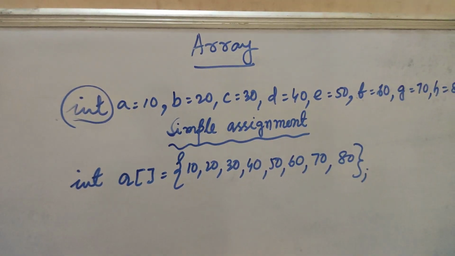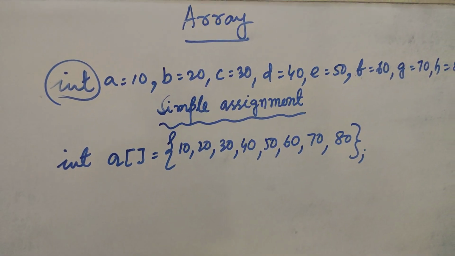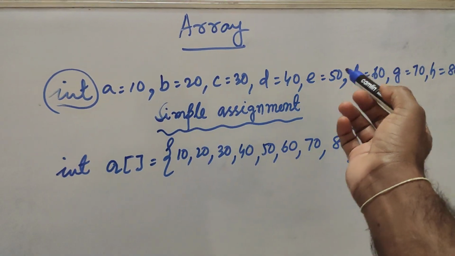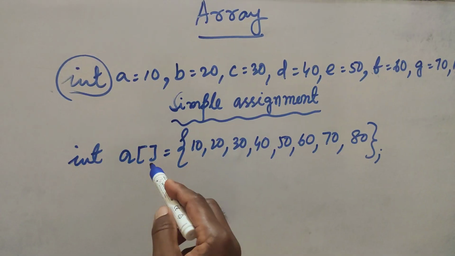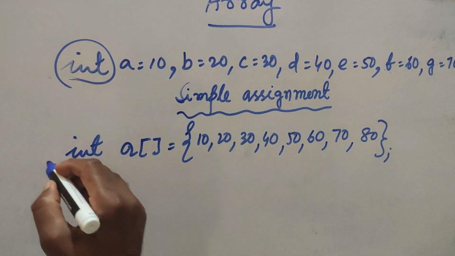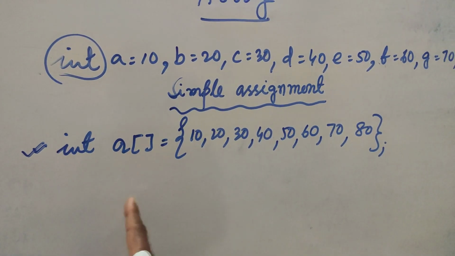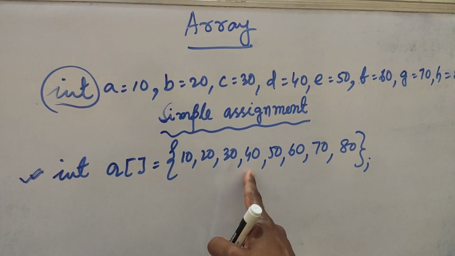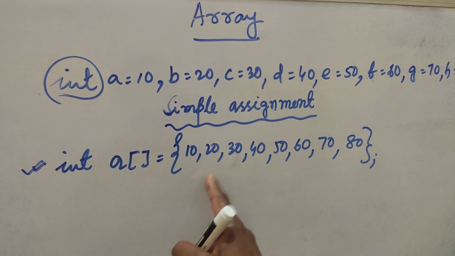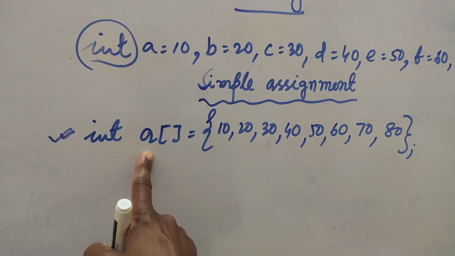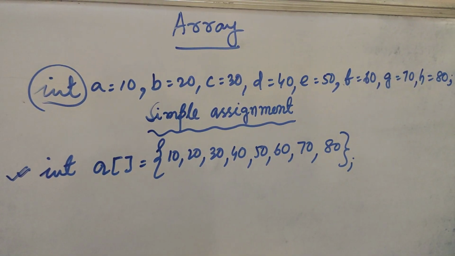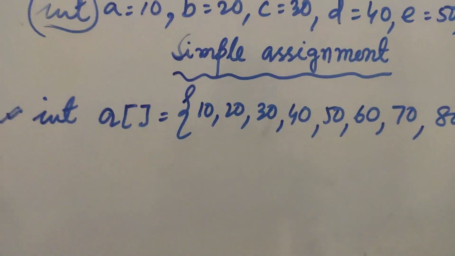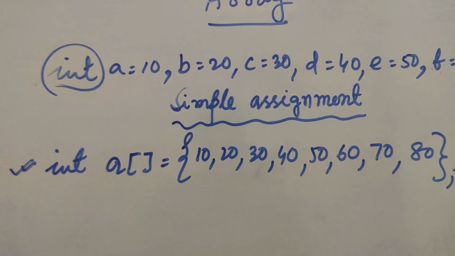In the normal way we take a separate variable for each value, but in an array this is one advantage: when all values are of the same type, we need to take only a single variable, and all the values within a bracket. So this is an array declared by a simple assignment statement.